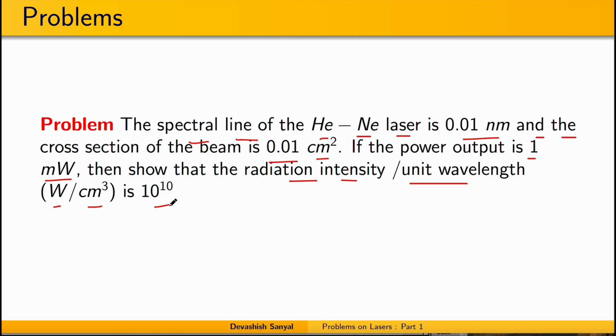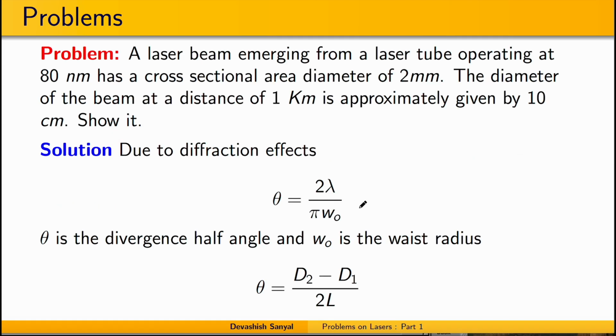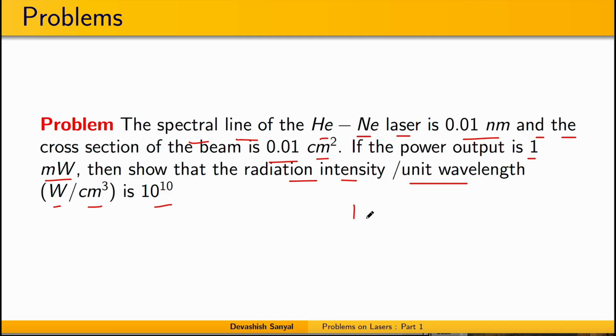This is simple. We know the power, 1 milliwatt. If we divide 1 milliwatt by the area of the beam, we get the radiation intensity in terms of per centimeter square.